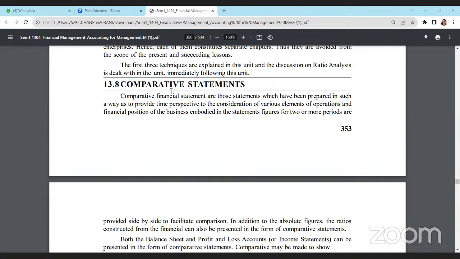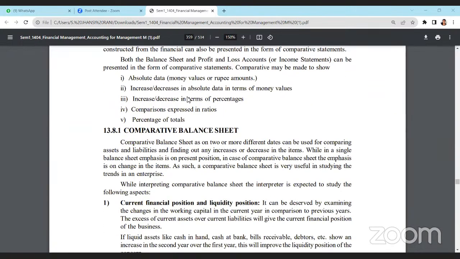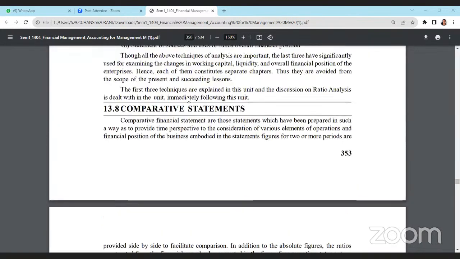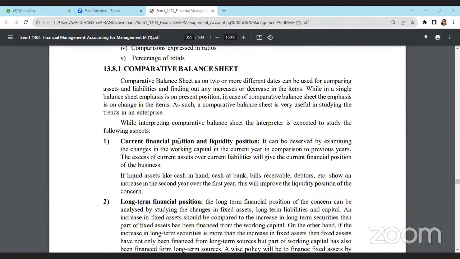Income statement is nothing but the profit and loss account. So let's look at the format. If a format is given, let's see; otherwise we'll go for the problem only. For common size or comparative statements, there is a format that has to be remembered.